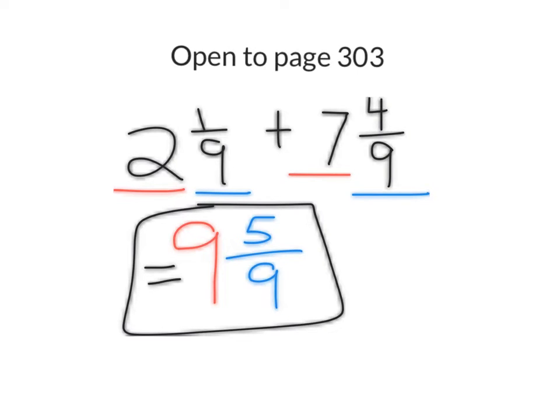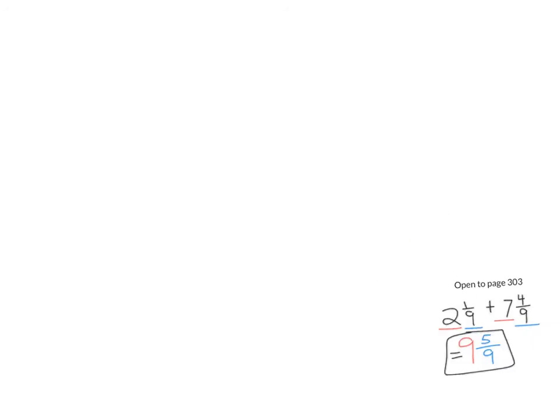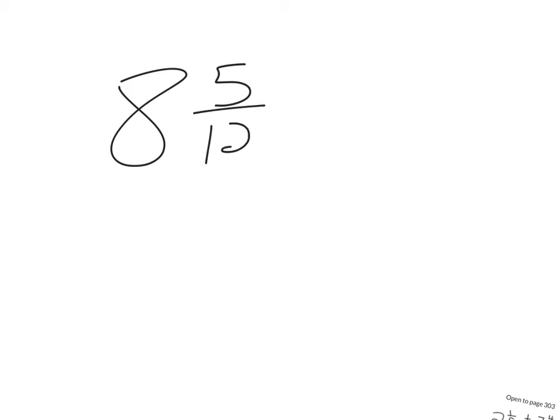Let me do number 2 as well because that gets a little more difficult. So number 2 says that we've got 8 and 5/12 plus 11 and 1/4. All right, this one's a little more challenging because I don't have a common denominator.